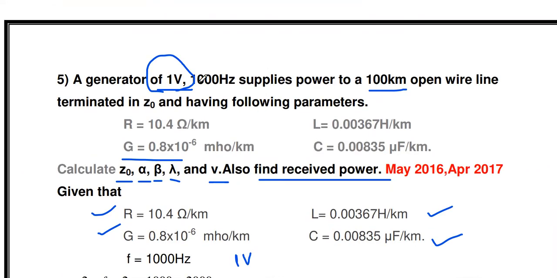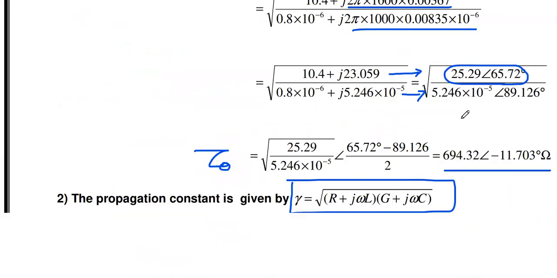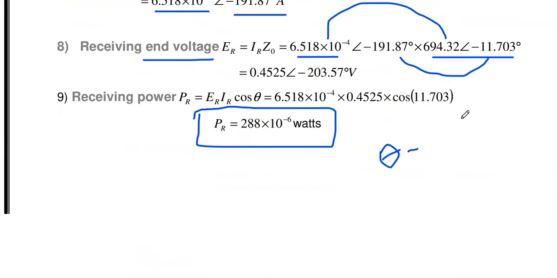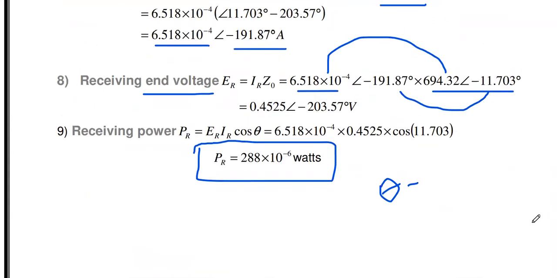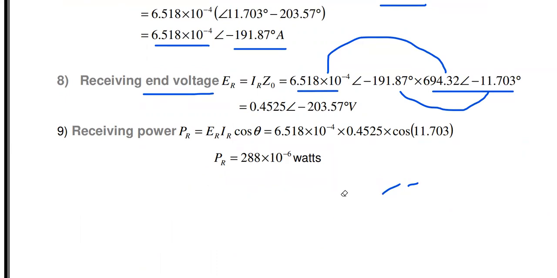After this 1 volt signal travels through the 100 kilometer open wire line, we are receiving only 288 into 10 to the power minus 6 watts power at the receiver. So on the receiver side, we are receiving only microwatts of power, since already you know, if the distance increases in a transmission line, the signal gets attenuated. That attenuation is given by the parameter attenuation constant alpha. So these are all the things behind this problem.